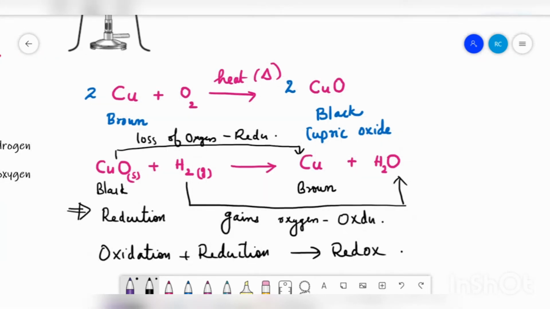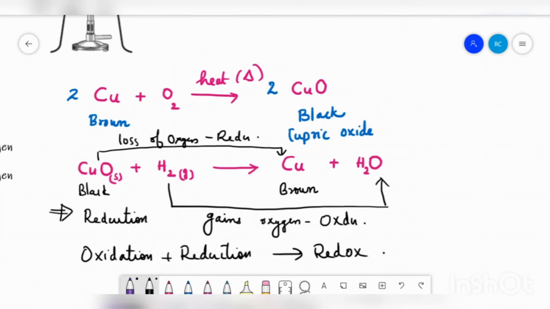So we can say copper oxide is the oxidizing agent. What is an oxidizing agent? An oxidizing agent provides oxygen to the reaction. If a substance provides oxygen to a reaction, we call it an oxidizing agent. So copper oxide is the oxidizing agent.